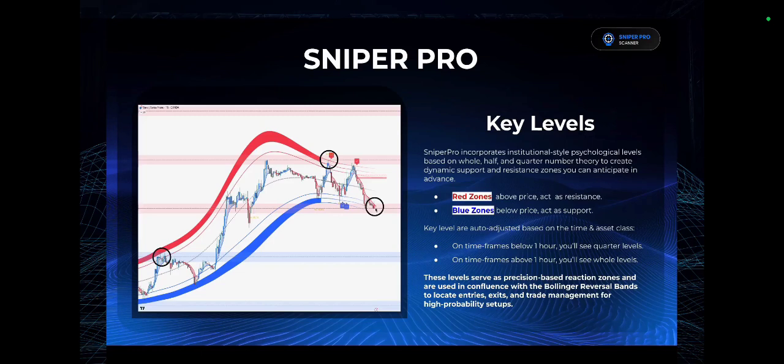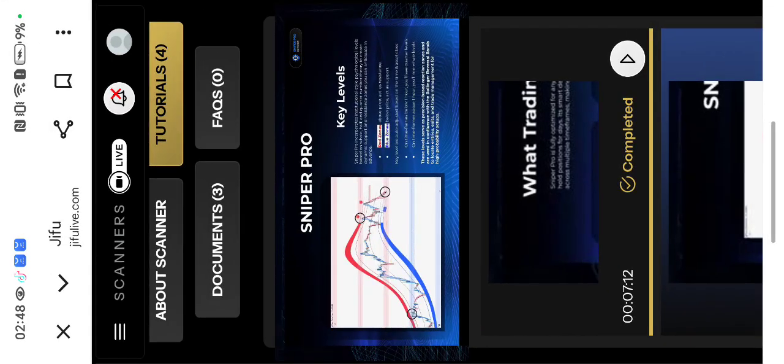And if price is below, the zone will be red, so it looks dynamically like a resistance. So you will see, while not perfect, these psychological key levels do serve as great areas of support and resistance in the market where you can anticipate some price reaction.